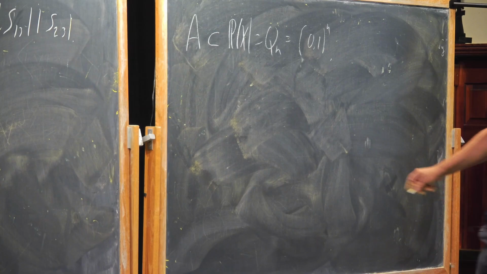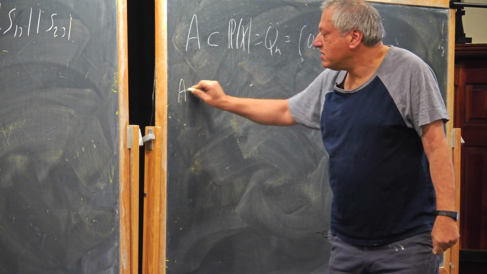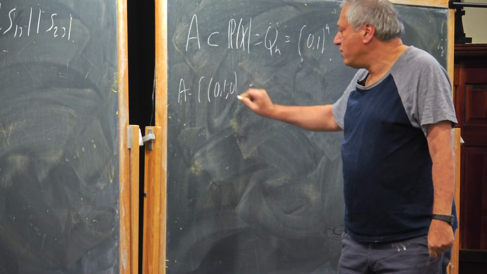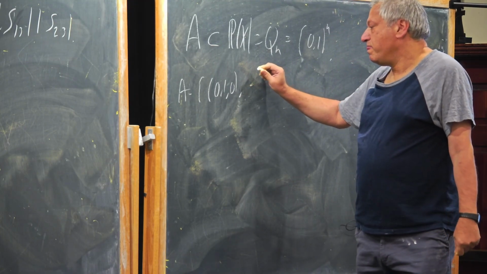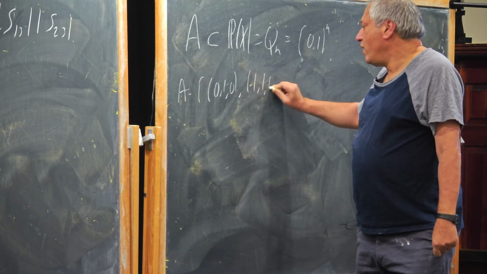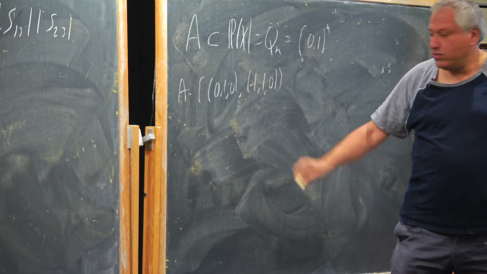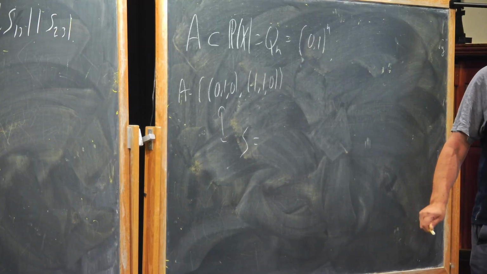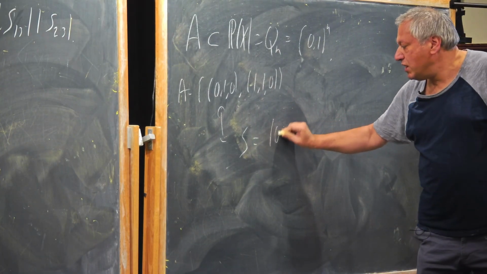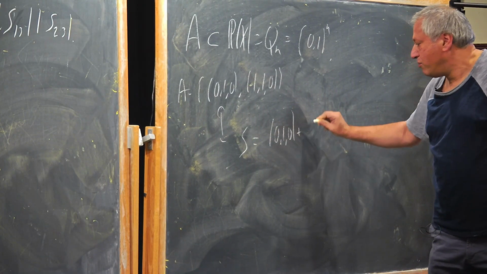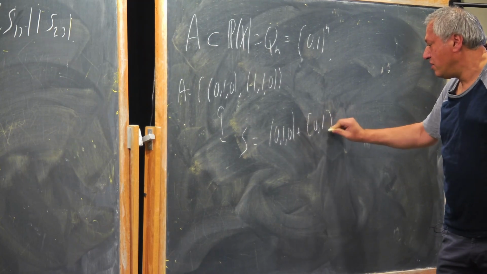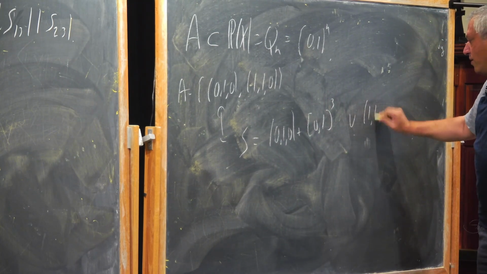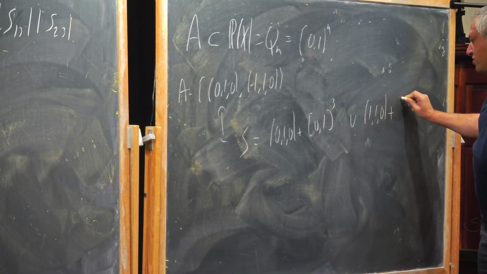Okay, so for example, if A was the set 0, 1, 0, and 1, 1, 0, that would correspond to the body which is 0, 1, 0 plus a unit cube, union 1, 1, 0 plus a unit cube.